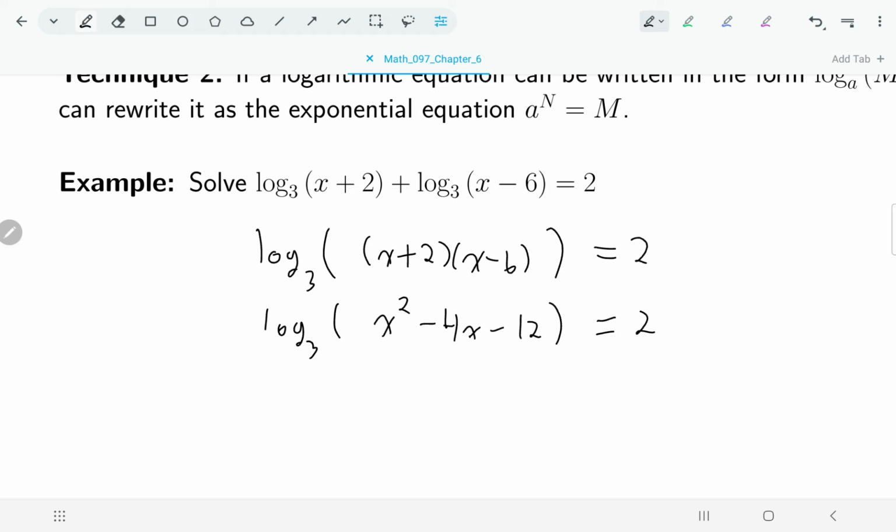And now that I've got one log equal to a number, I can rewrite this as an exponential equation. So instead of log base 3, it'll be 3 to the power, and we'll switch our inputs and our outputs. And I've got 9 equals x squared minus 4x minus 12.